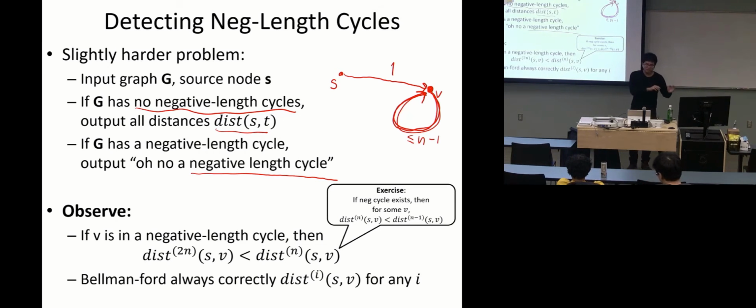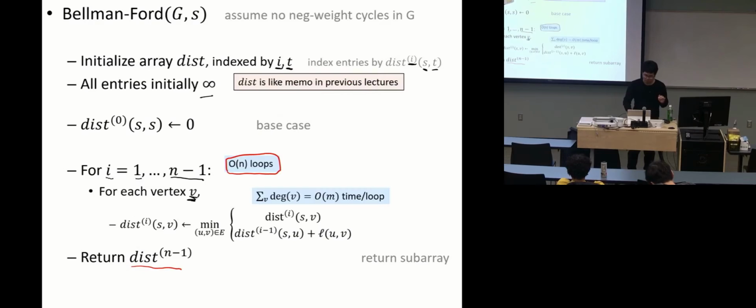I previously assumed that there is no negative cycle just so that the distance is the same as the bounded hop distance when i is n minus 1. But that's the only reason I needed that assumption. This algorithm itself can always compute the bounded hop distance correctly.